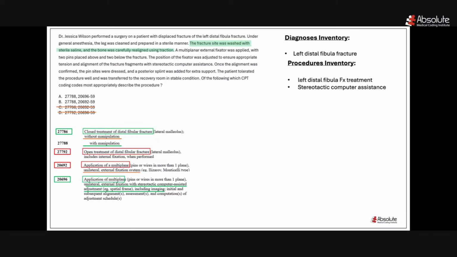So this is more specific, and that is our answer. So option B is also incorrect. Option A is the correct answer.